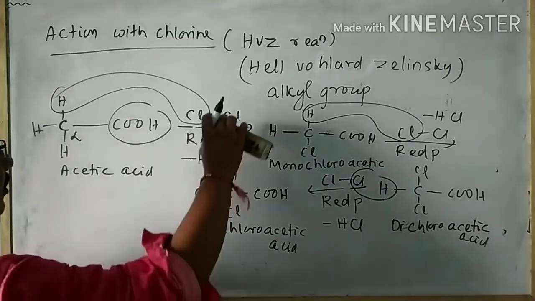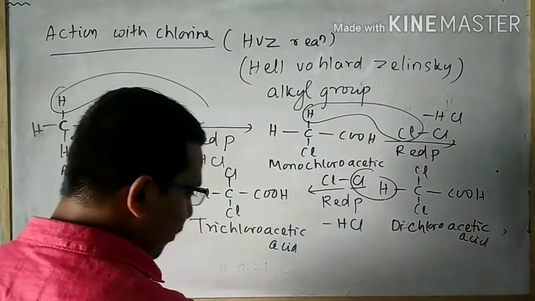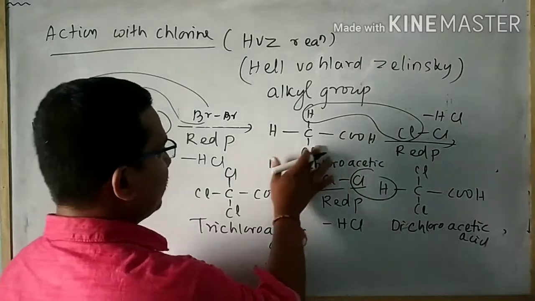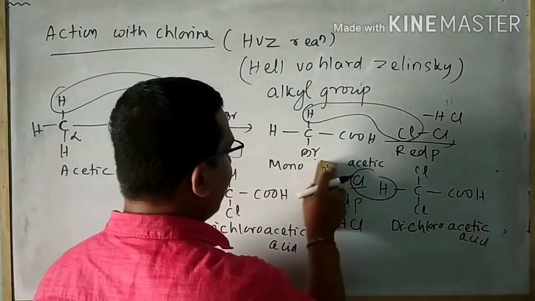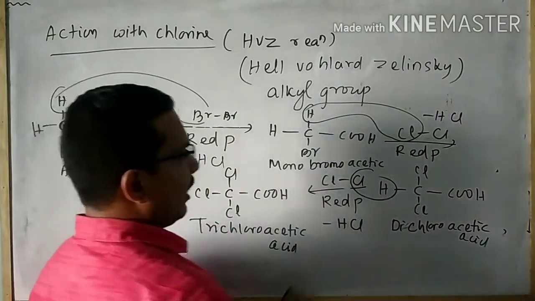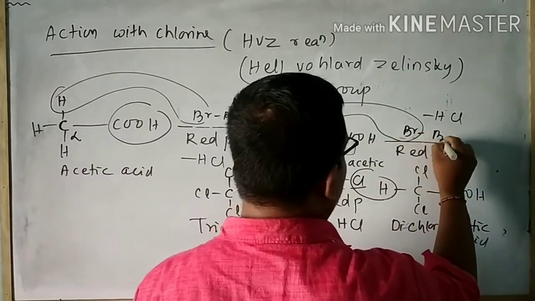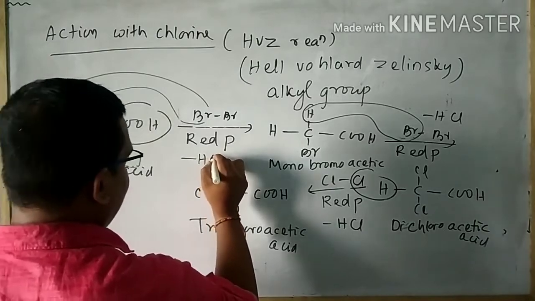We can also react the acetic acid with the bromine, and we get bromo substituted product, that is also bromine here. We can write monobromoacetic acid here. Again we give here bromine, and we remove as the byproduct HBr.